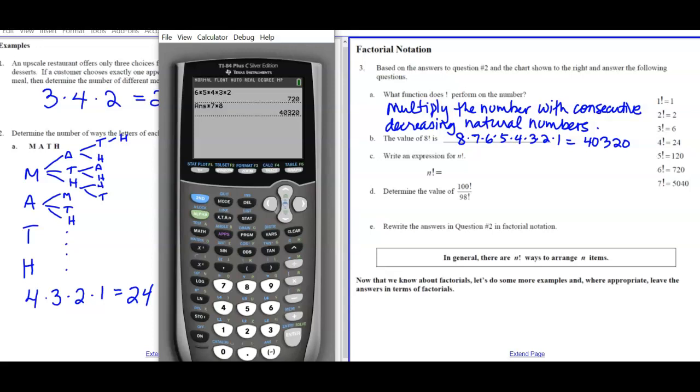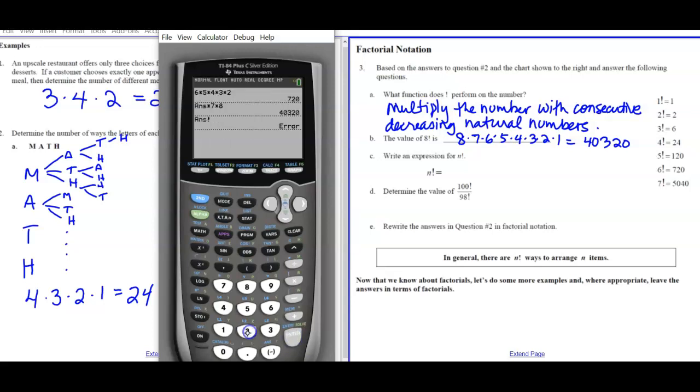Now, there is a factorial button on your calculator, or key in your calculator. So if you go math, key, so everyone press math, and then go to PRB or probability, PROB, depending on your calculator. And it's the 4th one down. Okay. I don't want to put, I have the answer there, so I think that'll give me the error actually.